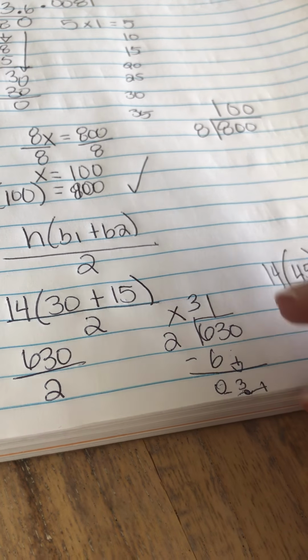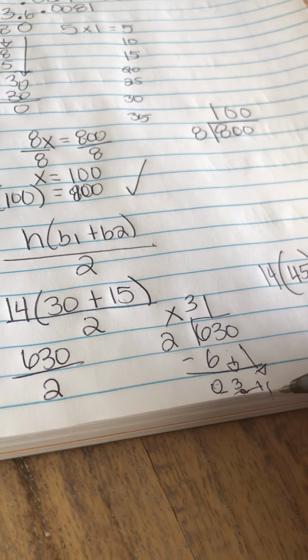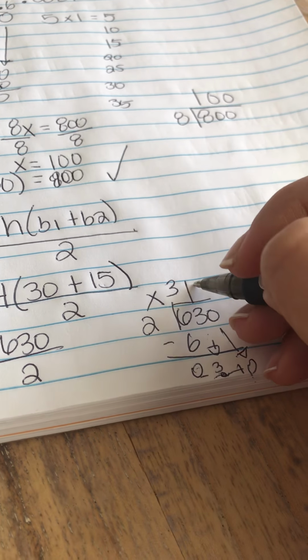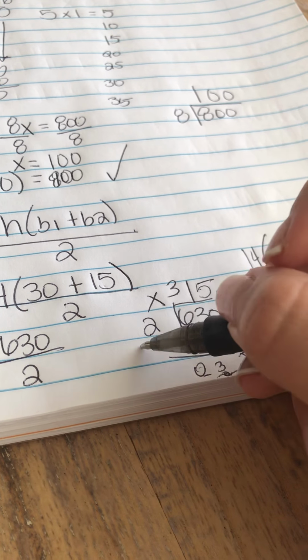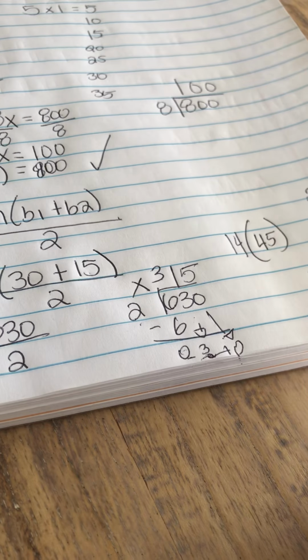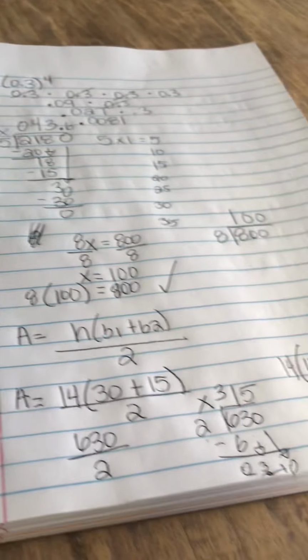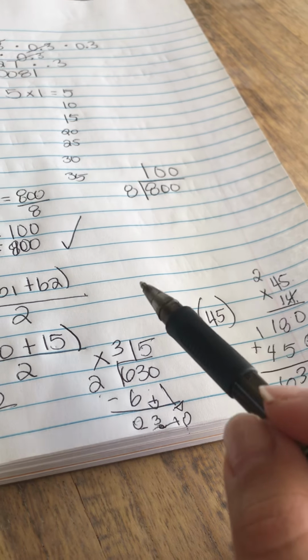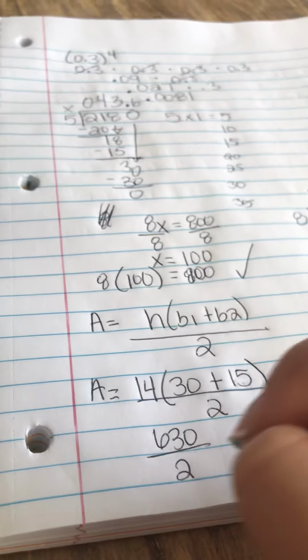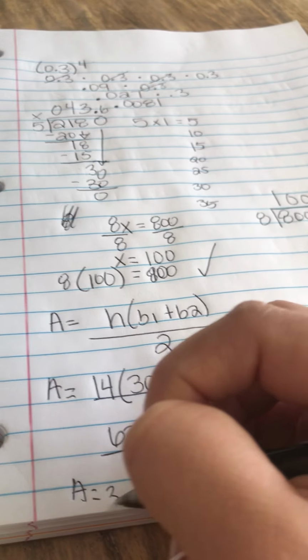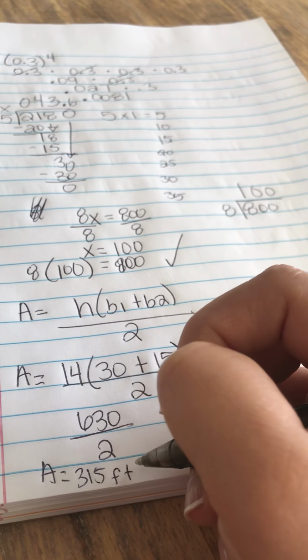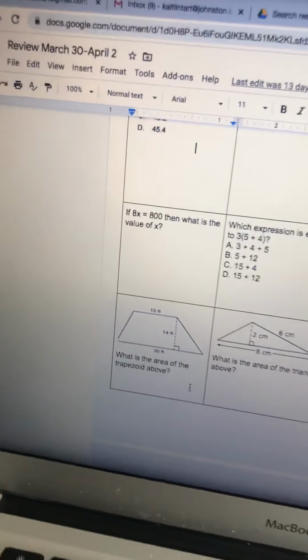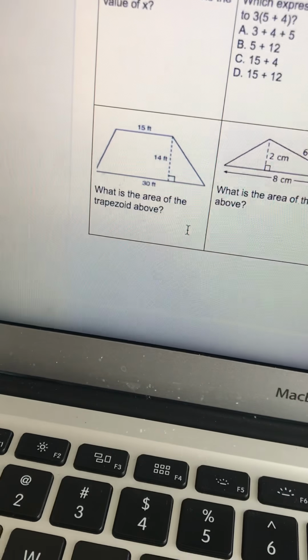So then 3 minus 2 is 1. Bring down this 0. How many times does 2 go into 10? 5. 5 times 2 is 10, so then we wouldn't have a remainder. So the area of that trapezoid would be 315. Area equals 315 feet squared. Remember, area is measured in square units.